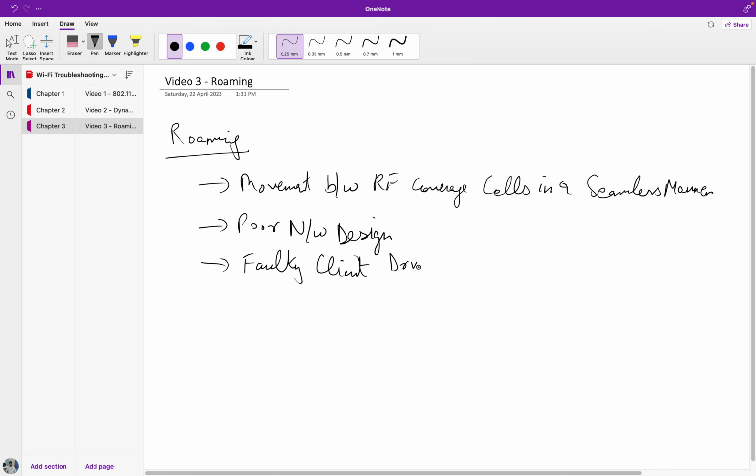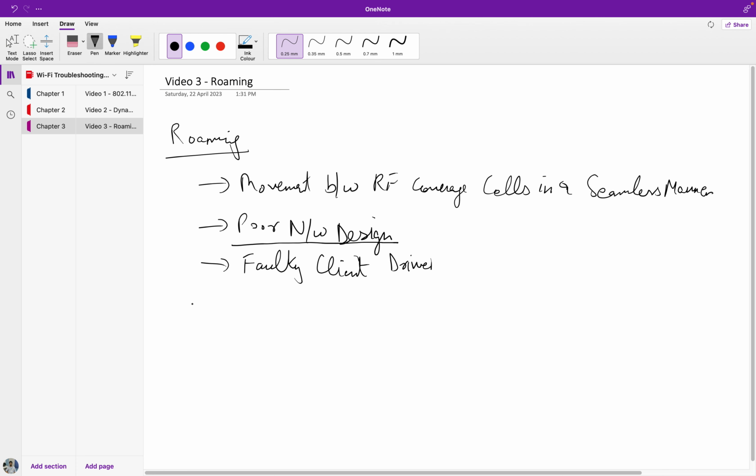Mostly I've seen it in a Wi-Fi network where there are some old laptops, some old scanners, some old devices whose drivers are not updated. So updating the driver can help. Sometimes the device has gone bad, so you will see some roaming issues happening. Mostly faulty client drivers are not a very major cause of roaming problems. I've not seen that very often, but a poor network design is the biggest cause of the roaming problem in the network, right?